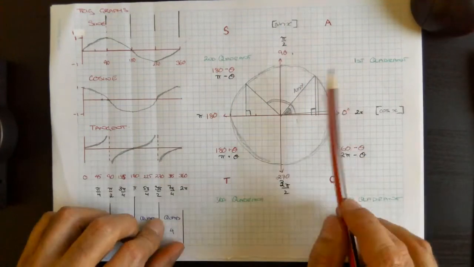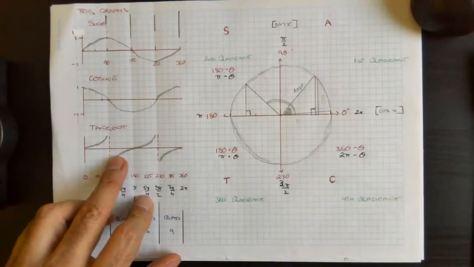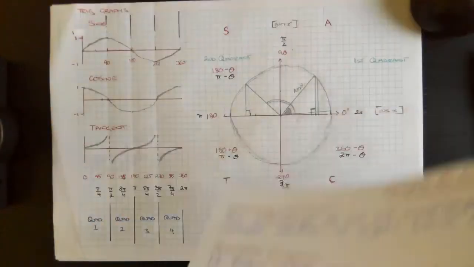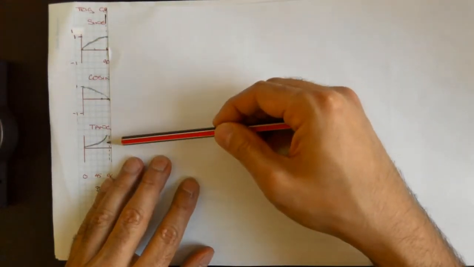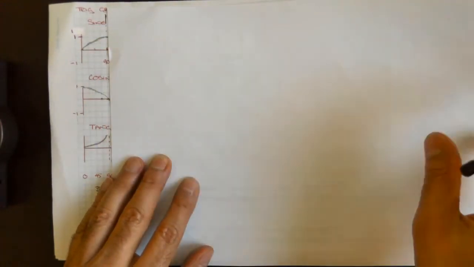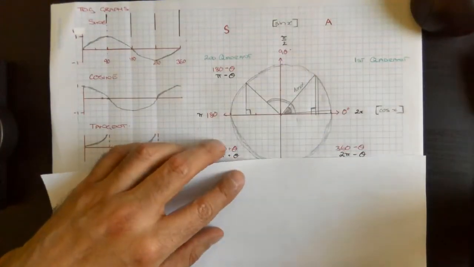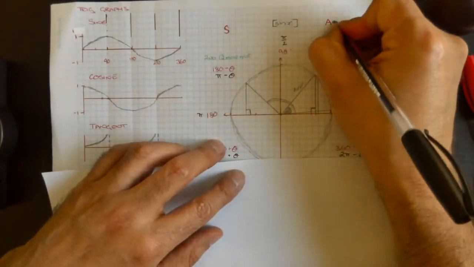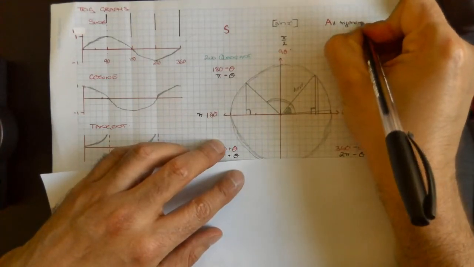It means that in the first quadrant, sine, cosine, and tangent are all positive. So here, all trigonometric ratios will be positive.